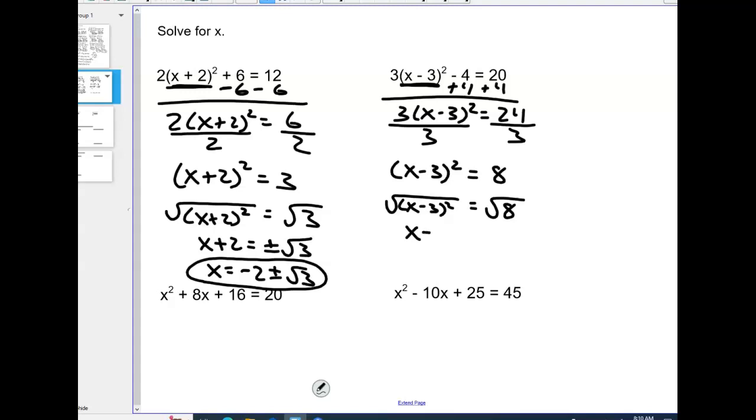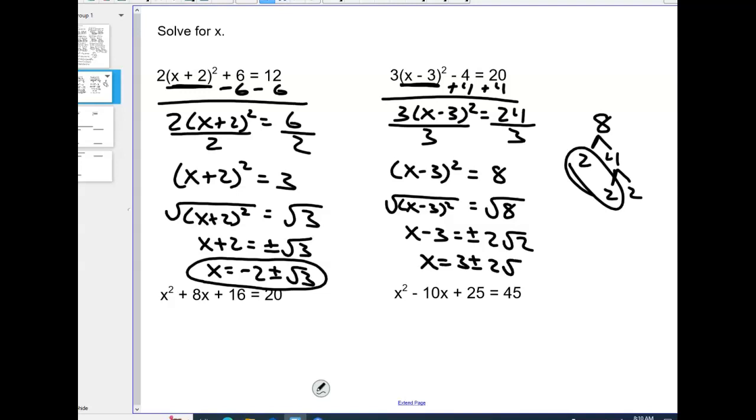This simply becomes x minus 3. The square root of 8 simplifies to 4, 2, 2. Pair of 2's with a 2 left over, so it's plus or minus 2 root 2, and you do need to simplify the radical. And then we add 3 to both sides. 3 plus or minus 2 root 2. And that is your answer.